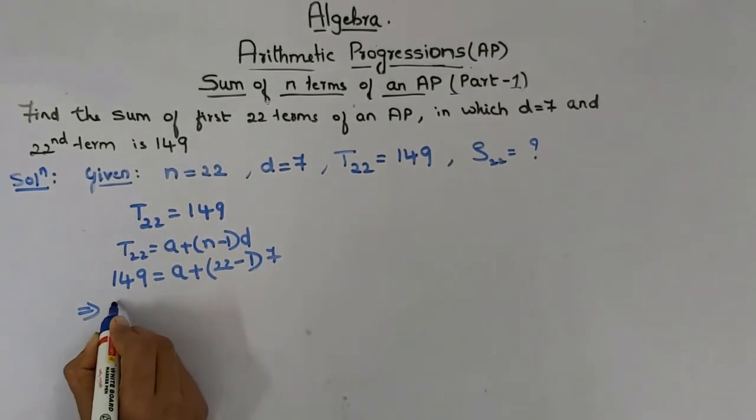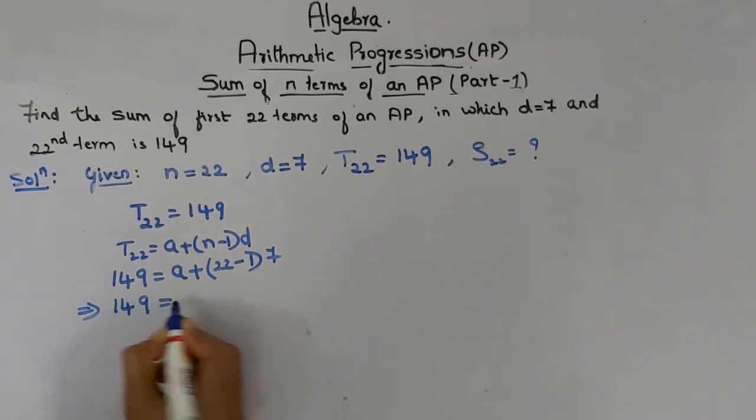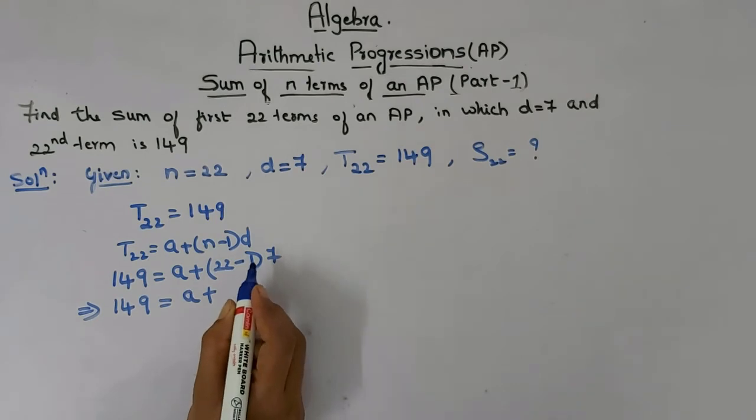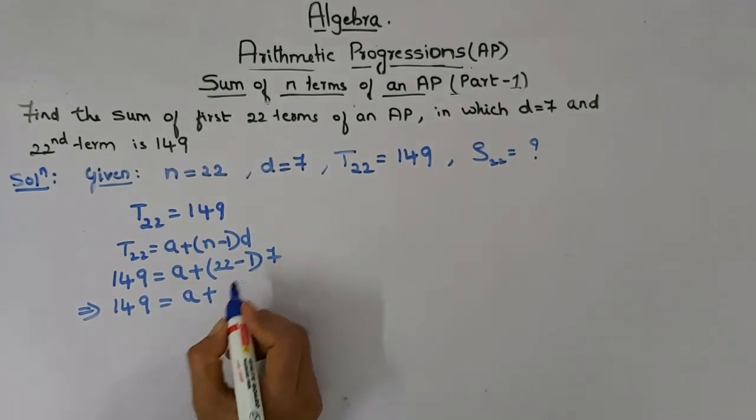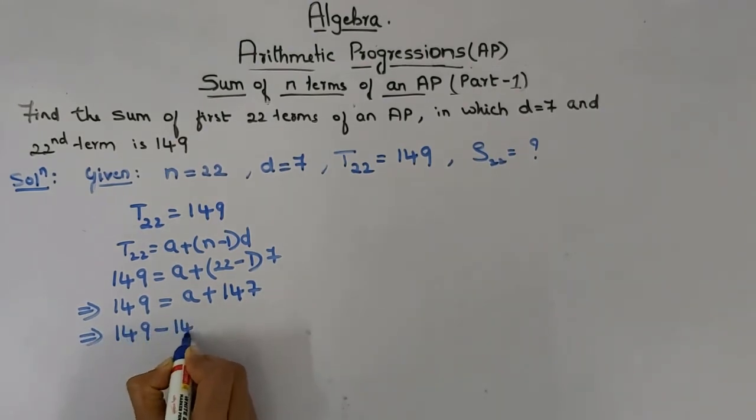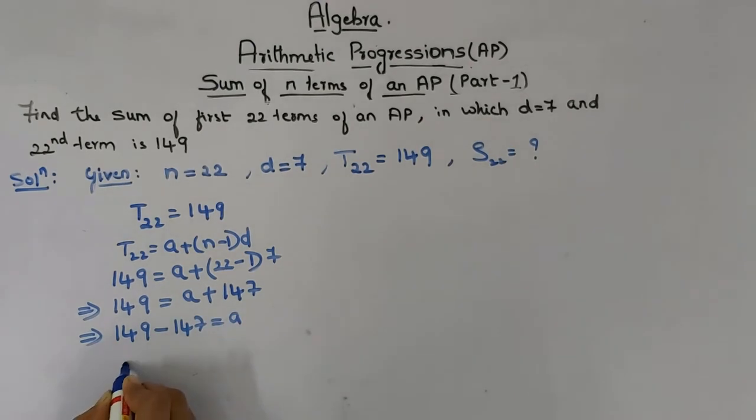Which implies 149 is equal to A plus 21 into 7, which is 147. Which implies 149 minus 147 is equal to A. So therefore your A is 2.